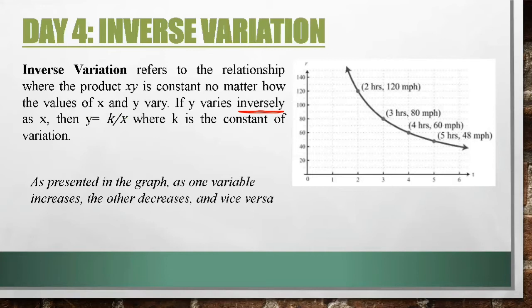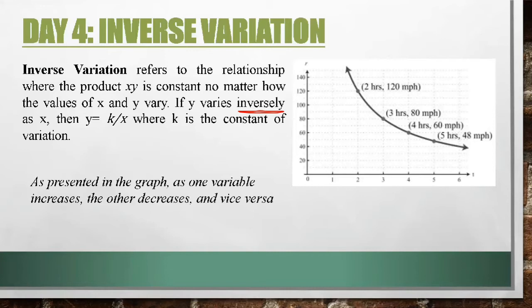So, here in our graph, in direct variation, we have presented as well the graph where one variable increases, the other one will also increase. Ibig sabihin, same siya ng result. If one variable decreases, the other one will also decrease as well.